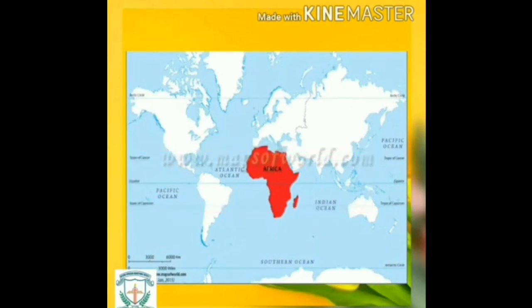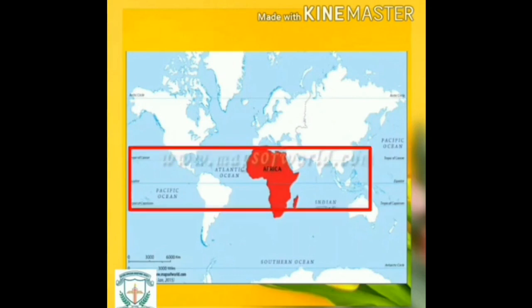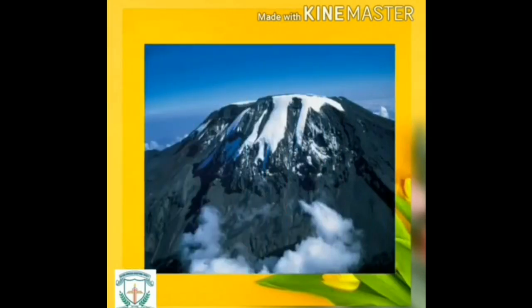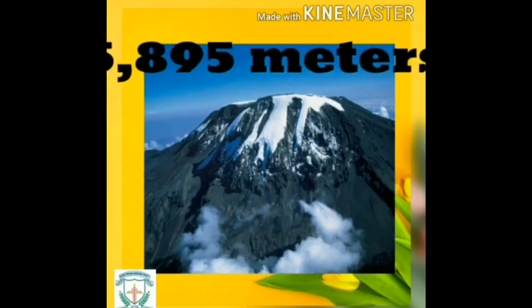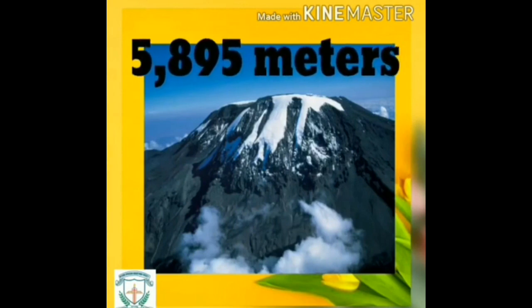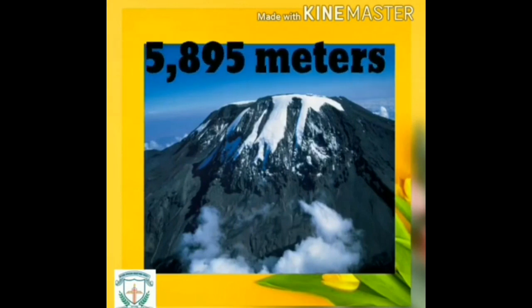Students, you know that places near the equator are very hot and wet. But the peak of Mount Kilimanjaro remains covered with snow all the year round because of its height. Its height is 5,895 meters.